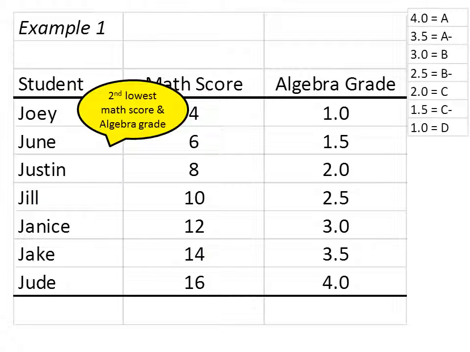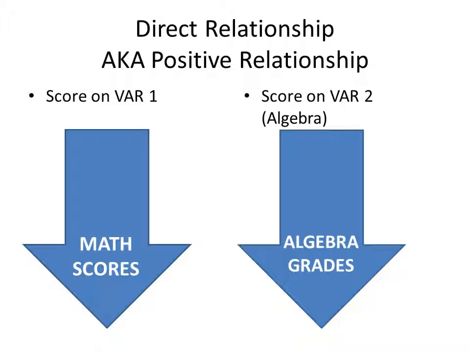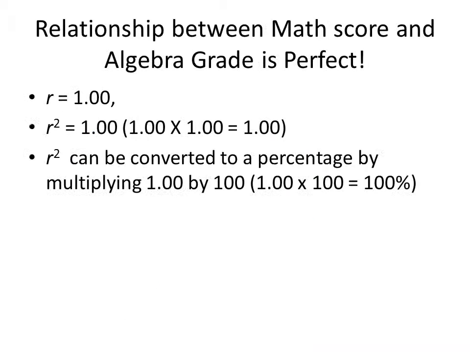Now we see that June has the next lowest math score and the next lowest algebra grade. Let's also go back and talk about positive relationships. Remember, if you have a score on variable 1 that's low and a score on variable 2, the algebra grades, that's low, those correlate as a positive or direct relationship.